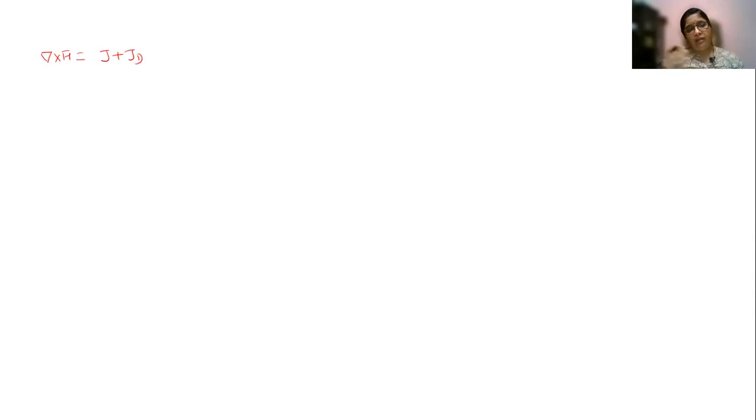I am going to find the relationship for this Jd. Again I write del dot del cross H is equal to del dot J plus del dot Jd, and this is 0. So I can now write del dot J is equal to minus del dot Jd. Del dot J, as I have already seen, is minus d rho by dt, which is equal to minus del dot Jd.